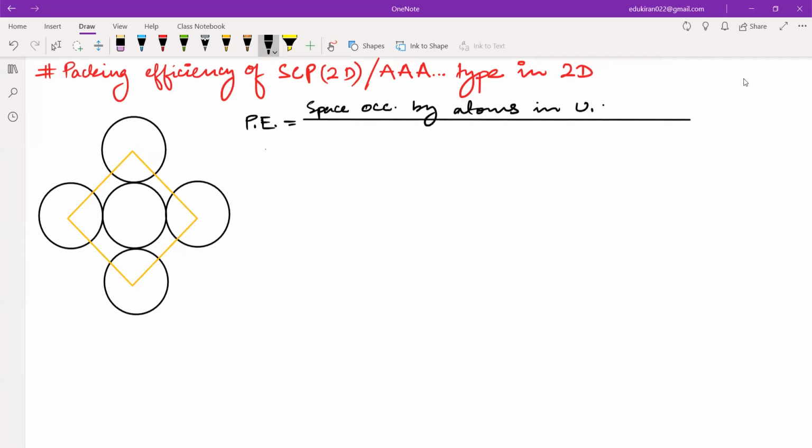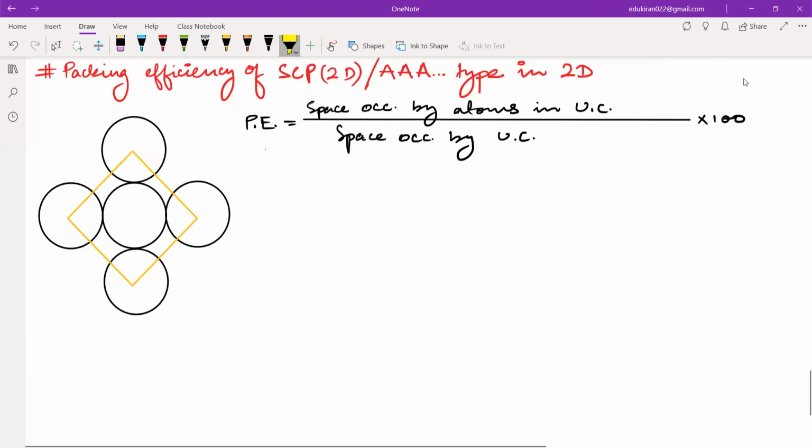Now tell me, is this space inside the unit cell or outside the unit cell? Outside. So first of all, let us calculate the effective number of atoms inside the unit cell.